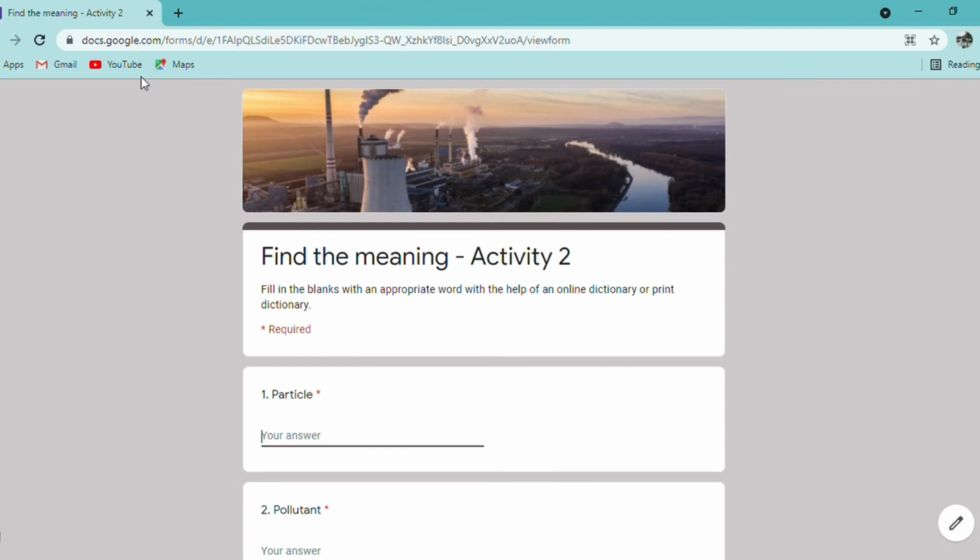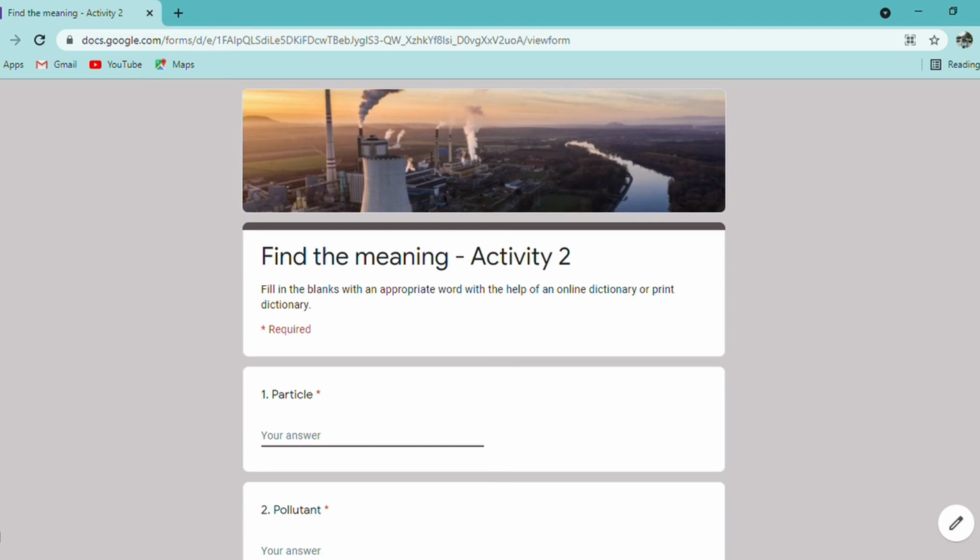Before you write your answer, you need to read the instruction given to you: fill in the blanks with an appropriate word with the help of an online dictionary or print dictionary.